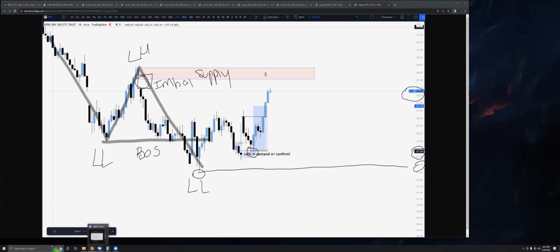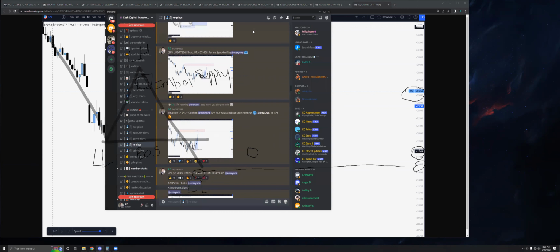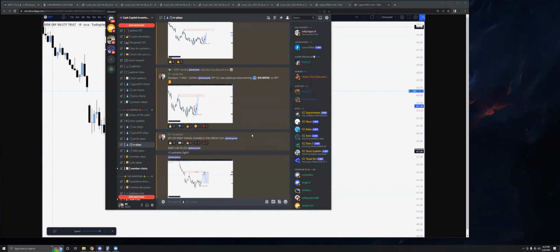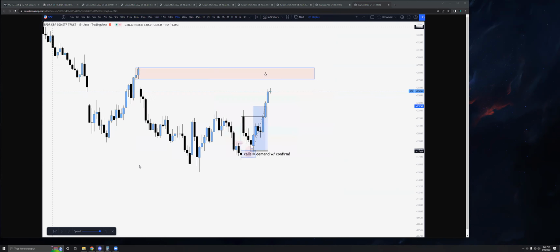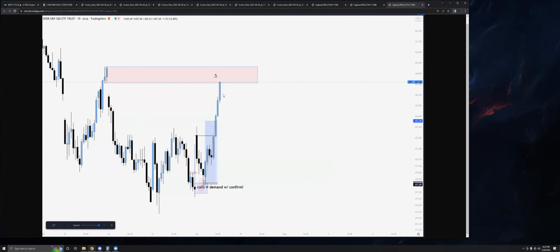So let me clear my screen. Now look at this. I told everybody: structure, S&D, and confirm. SPY calls was called out since the morning. It was a $10 move, and it was pretty much just updating that day. Okay. So look at this. Price is now what?